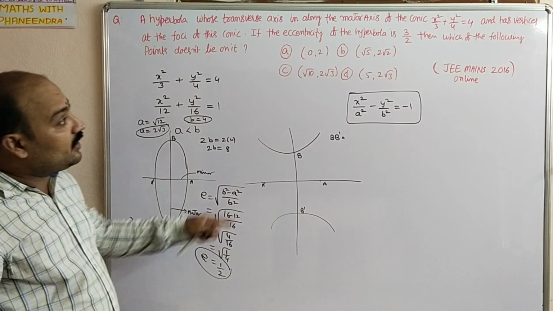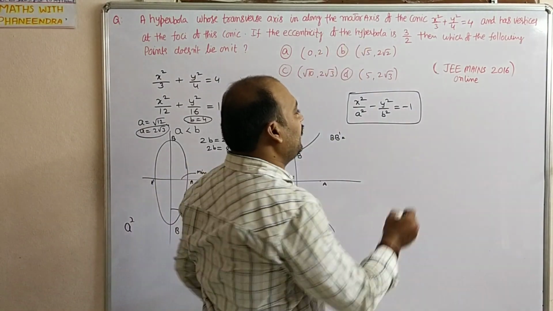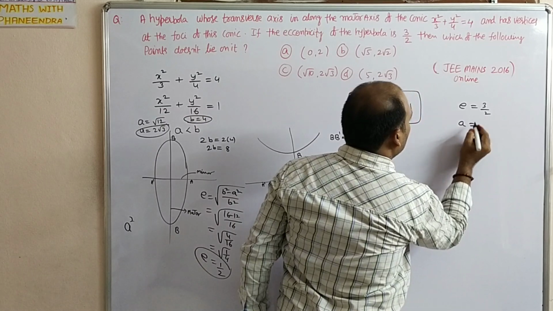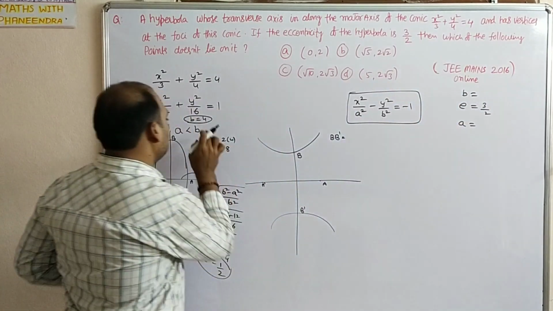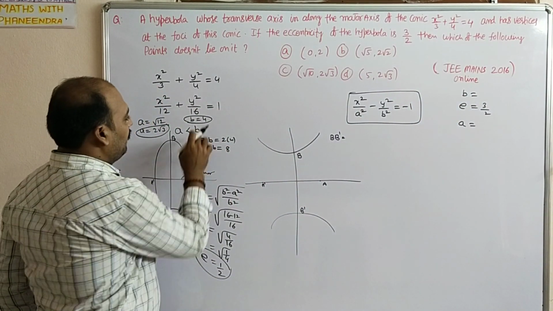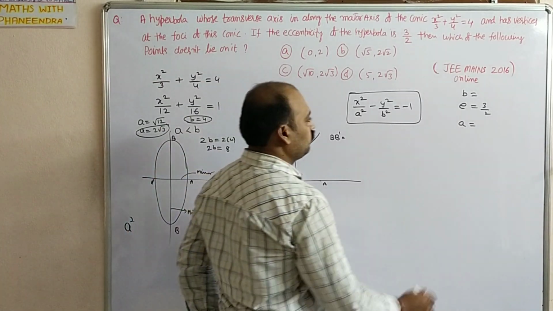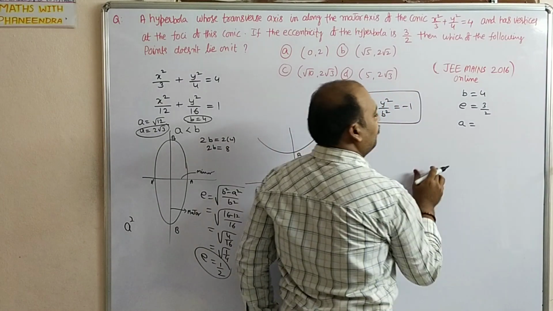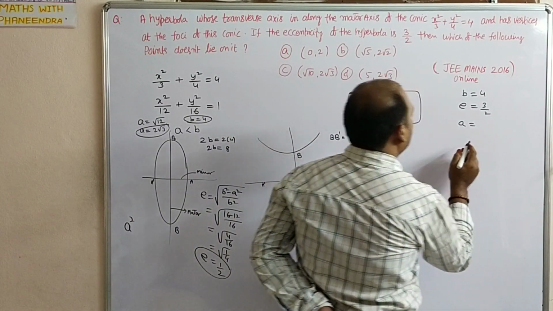E value is given now here, 3 by 2, for the hyperbola. E is equal to 3 by 2 and b value is the same here. B value is 4. A value, by using the hyperbola formula, you can calculate.